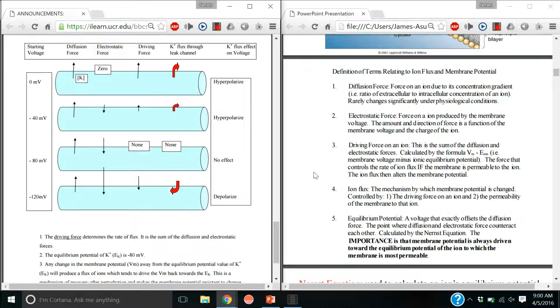When the membrane potential is more negative than minus 80 millivolts, that set up forces that tended to cause an influx of potassium that would depolarize the membrane potential towards minus 80 millivolts. And minus 80 millivolts is, as we'll explain in a bit, the equilibrium potential for potassium at the physiological concentration.